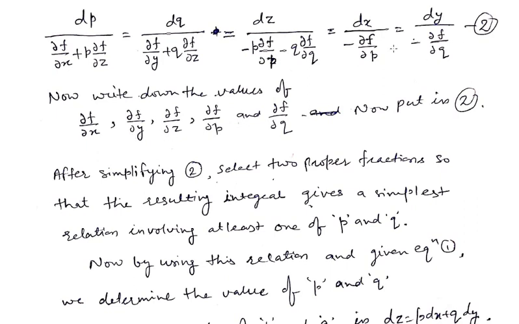After simplifying this equation, we choose two fractions as we did in the Lagrange auxiliary equation. Here also we take two fractions, but we select those two fractions which give us a relation between p and q, or at least in one of p and q. So whichever two fractions are suitable, we select them and find a relation involving at least one of p and q.